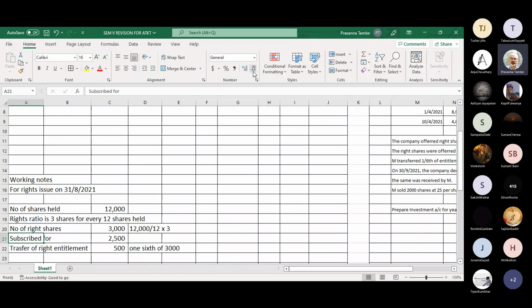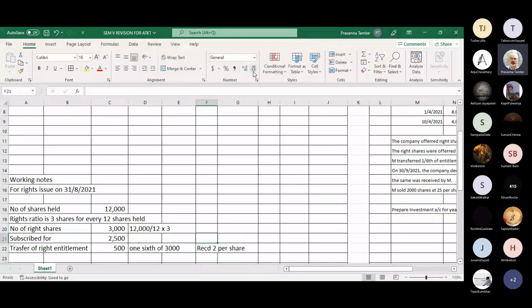He is eligible to get 3,000 shares. 1/6 of that is 500 shares, which he did not subscribe. He transferred that benefit to somebody else. And for the remaining 2,500 shares, he has actually subscribed. For this transfer of rights entitlement, he received 2 per share.